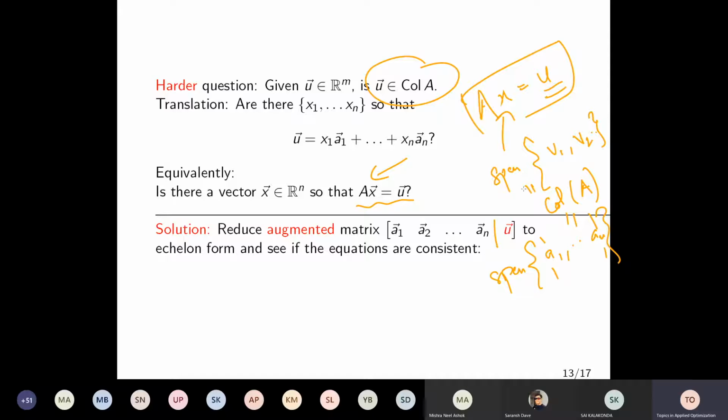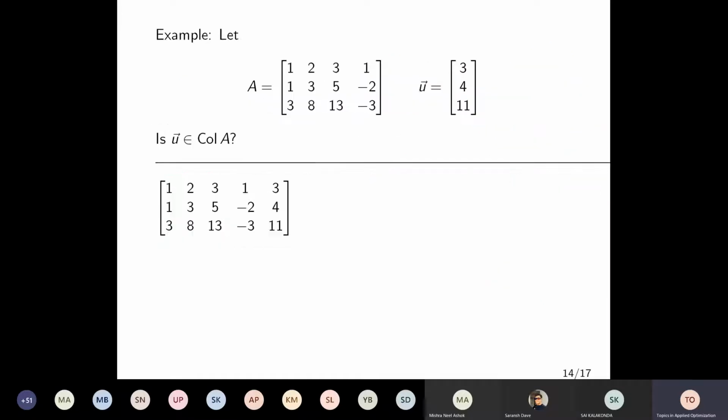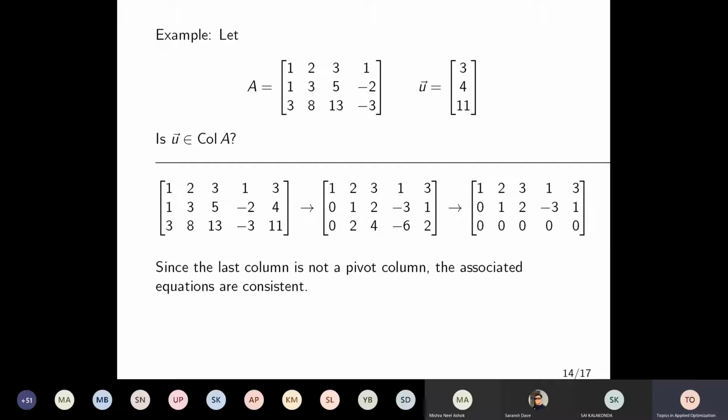An efficient way would be to find a reduced set, and again row echelon form will help you here, because in row echelon form you see which are the redundant columns to throw away. So if you want to see this in detail, here is an example. You do row echelon form. Since the last column is not a pivot column, this is a consistent system of equations, because it is inconsistent only when these two don't match, like 0 not equal to 0.